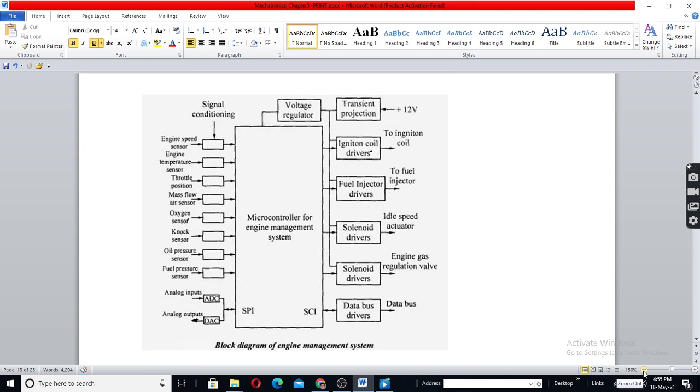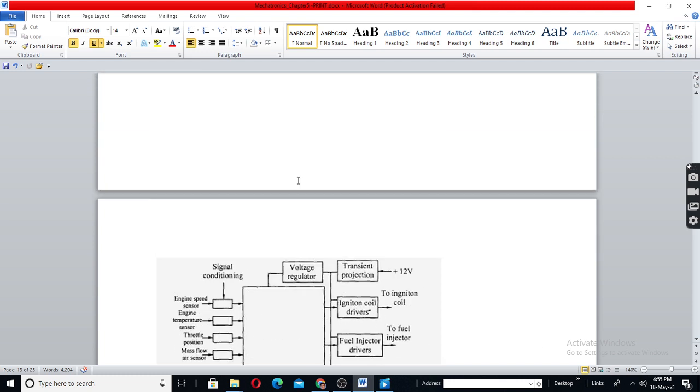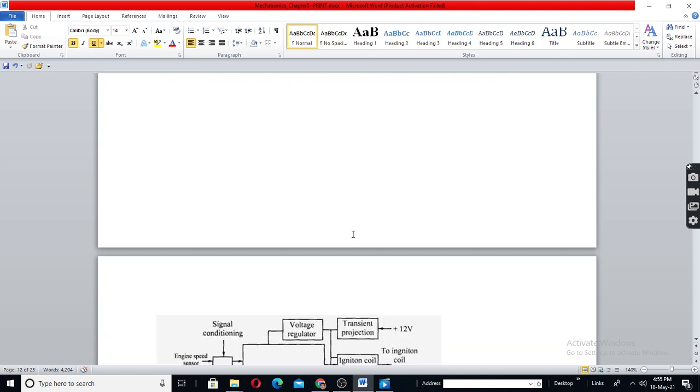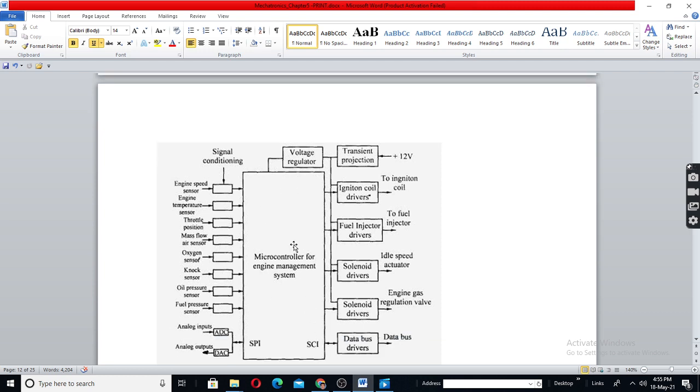So it consists of a microprocessor or microcontroller, which is called the heart of the system or brain of the system. Microcontroller means microprocessor plus some extra devices: some limited memory, plus input output ports, etc. It can also have its own timers.